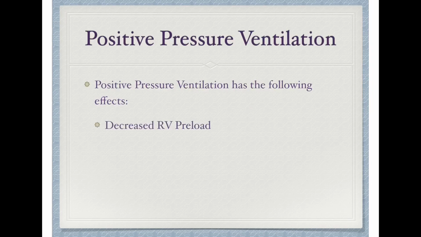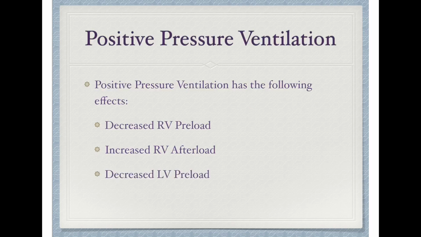So it decreases the preload in the right ventricle by increasing the intrathoracic pressures and limiting venous return. It increases the RV afterload by increasing the pressure in the lungs so that the right ventricle has to work much harder in order to push blood into the lung.